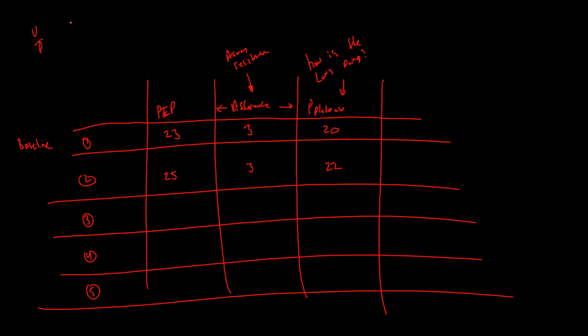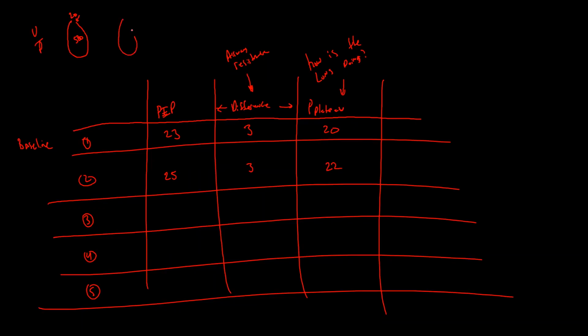So if I have this volume and it's 500 cc's and it takes 20 centimeters of water pressure to keep that in there, we can equate our compliance from that.